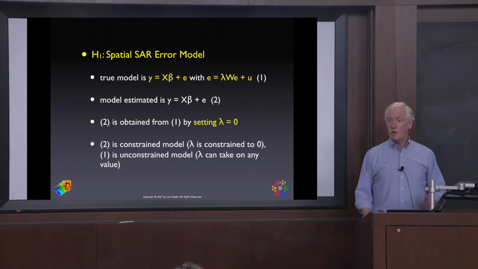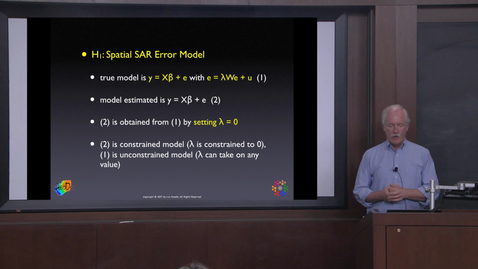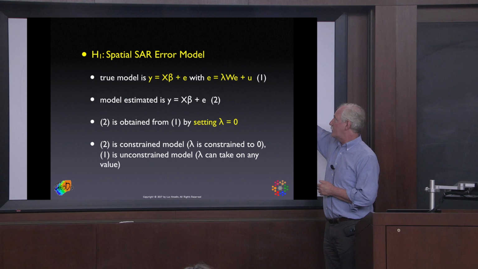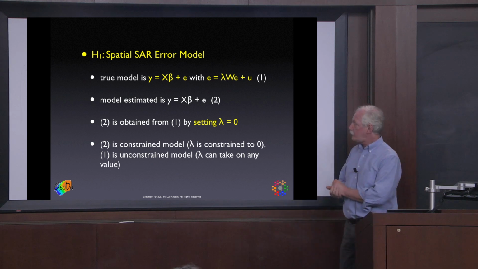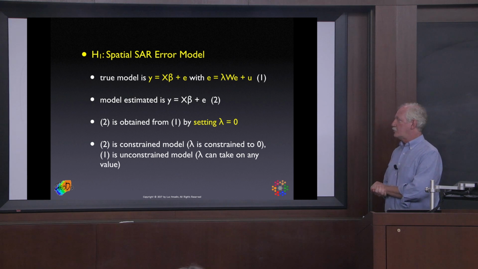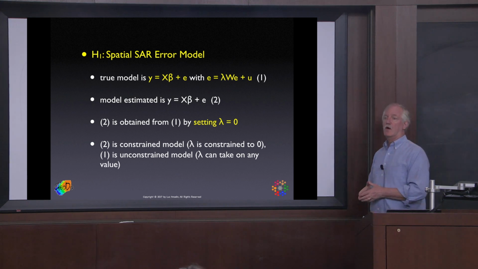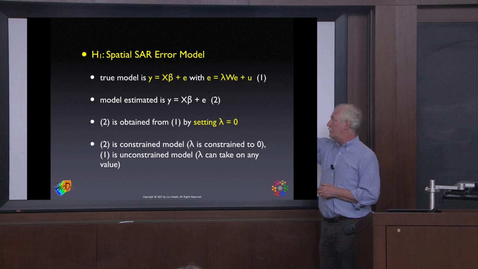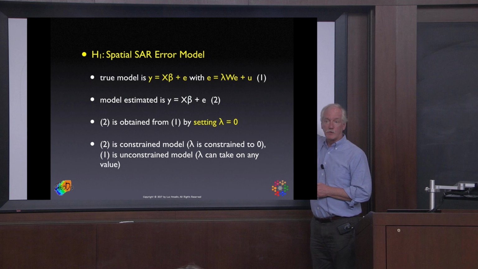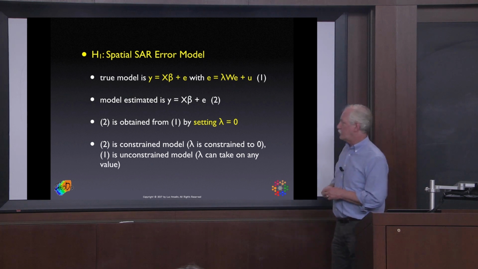So the other alternative is the autoregressive error model. It's basically the same structure. You have a spatially lagged term, which in this case pertains to the error term. And again, the constrained model is a standard regression specification, which you get by setting lambda to 0. So with lambda at 0, this lag part drops.